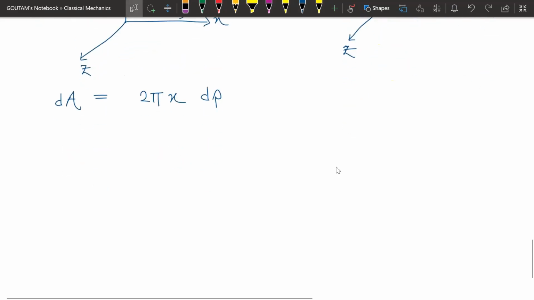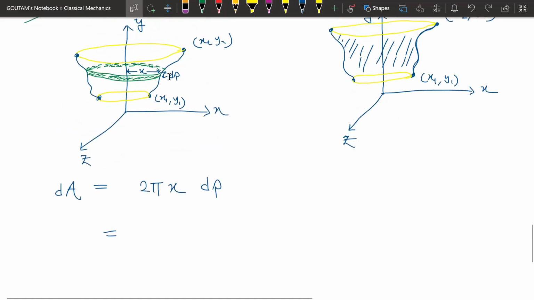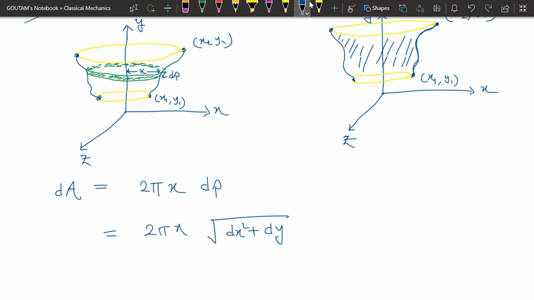So what is ds? ds is basically the infinitesimal distance, which is defined by root under dx square plus dy square.